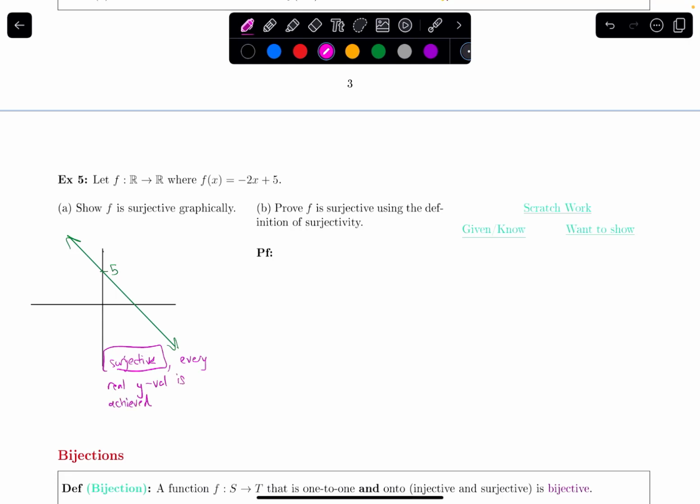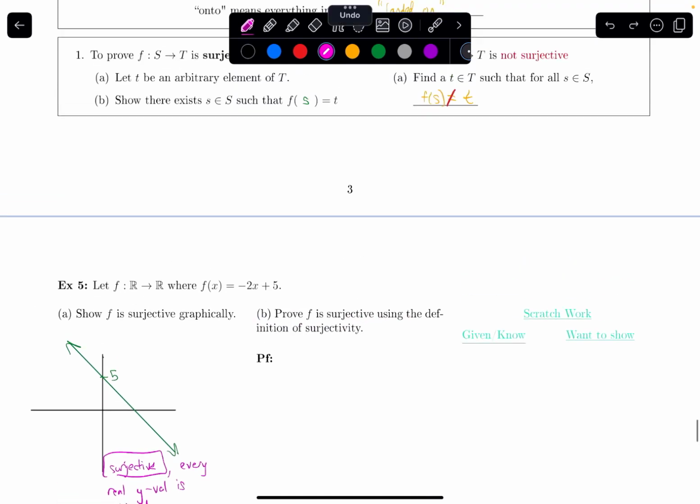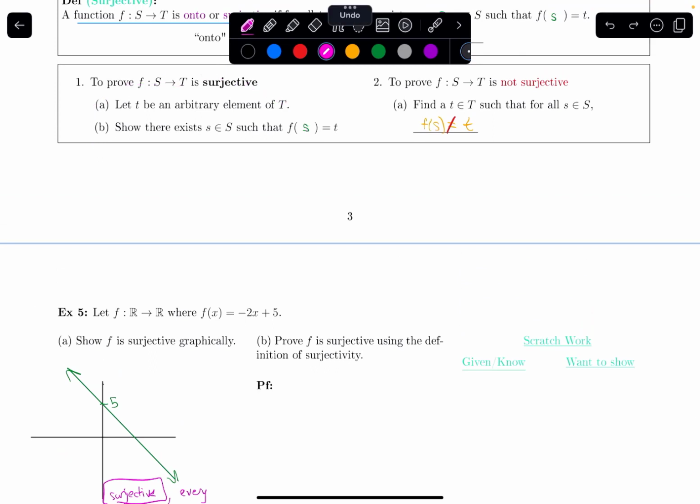Now in part B, let's actually prove this thing is surjective using our definition of surjectivity. So we're going to use this structure. I'm going to start this off with scratch work. So what is the stuff that I'm given, the things that I get to assume are true?